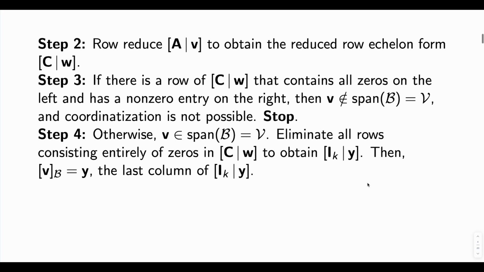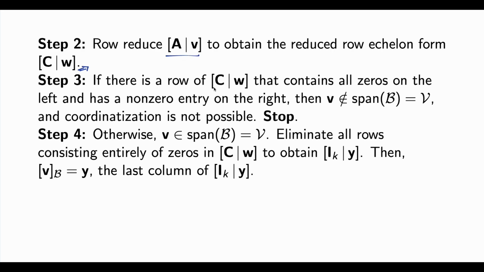So if you see, the method is very simple. Form the augmented matrix [A | v], where A has the basis vectors as columns, and apply RREF, reduced row echelon form. I refer you to my second video where RREF has been explained.